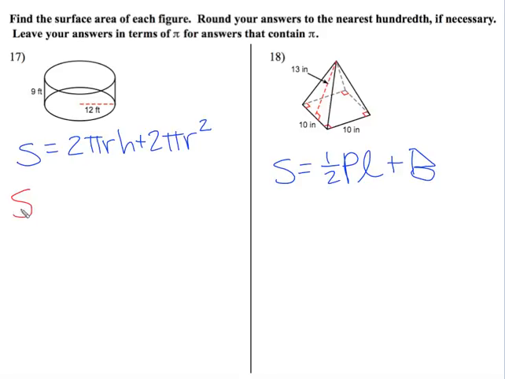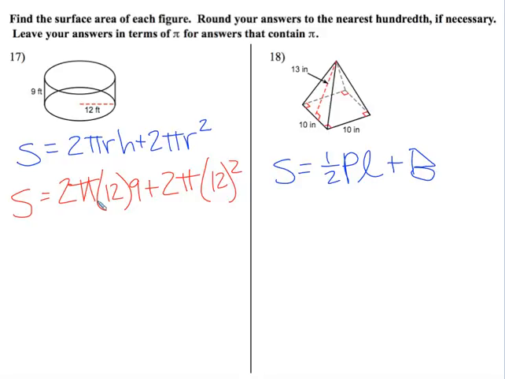That's part of learning. So 2 pi, r is 12, h is 9, plus 2 pi 12 squared. You can type that whole thing in without the pi and it should be perfect, but I'm gonna do one step at a time.